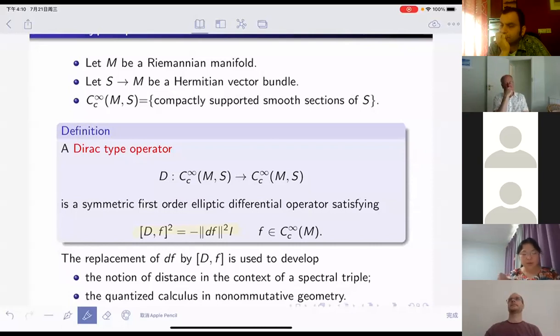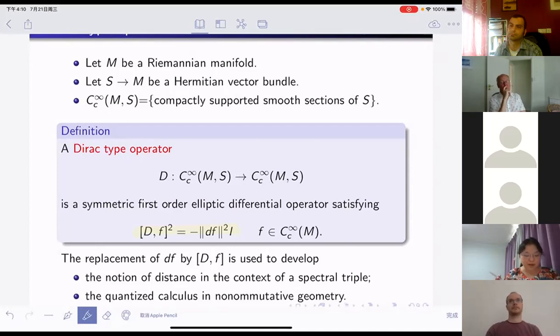So in principle, I just want to comment that this commutator is a replacement of the differential in the non-commutative geometry context, where in the notion of a spectral triple by Alain Connes, that is to use the commutator of a function with a Dirac operator to define a distance of two elements on the so-called spectral triple.